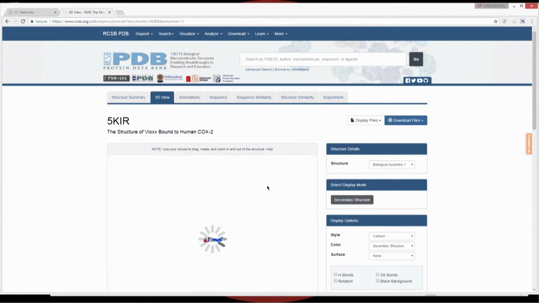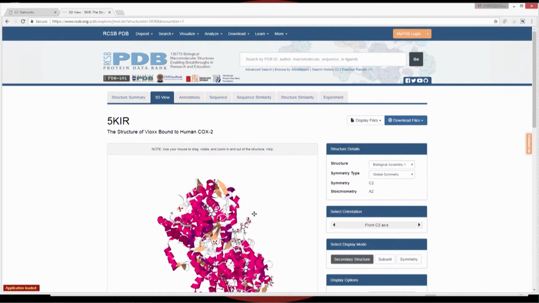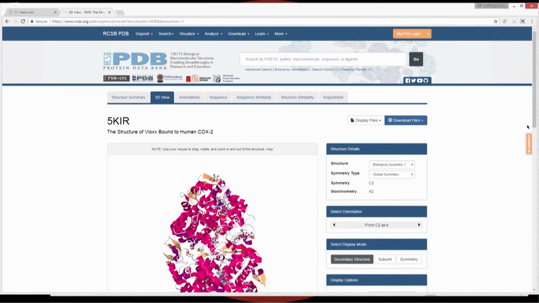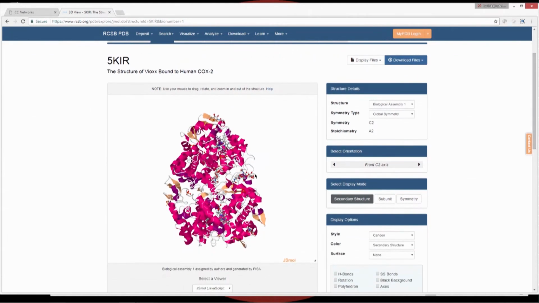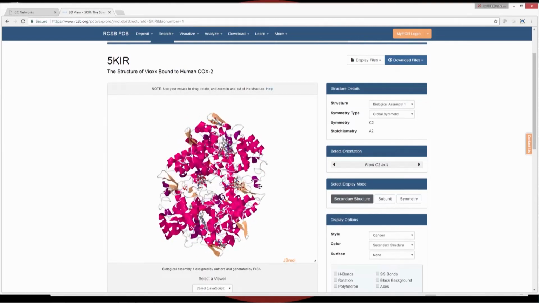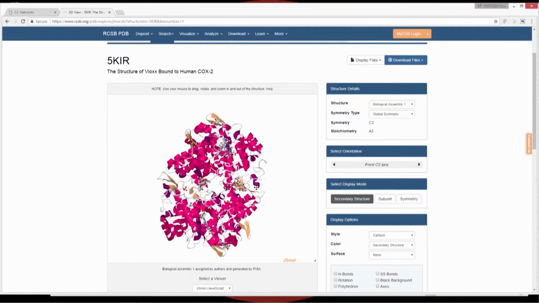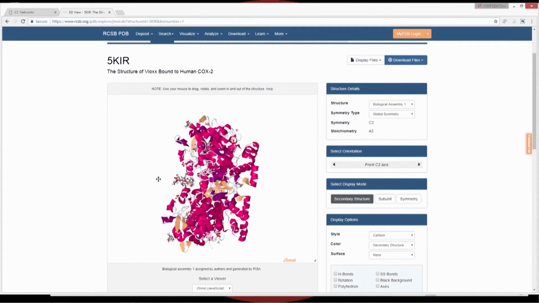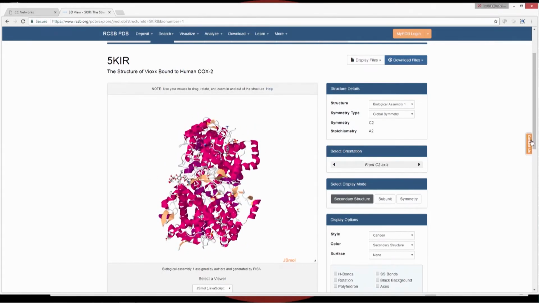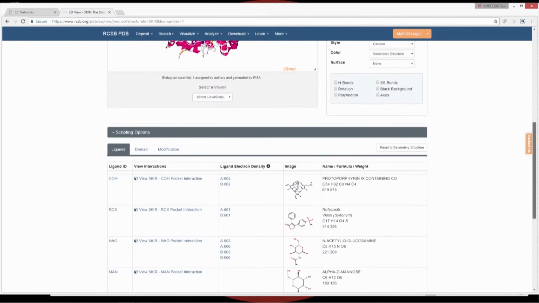When they crystallize this protein, they put in this molecule and then they perform the crystallization. The advantage is that when we crystallize, we will know where this particular molecule is present, so we will know the active site pocket and so on. So you can see there are a lot of ligands present in this protein.